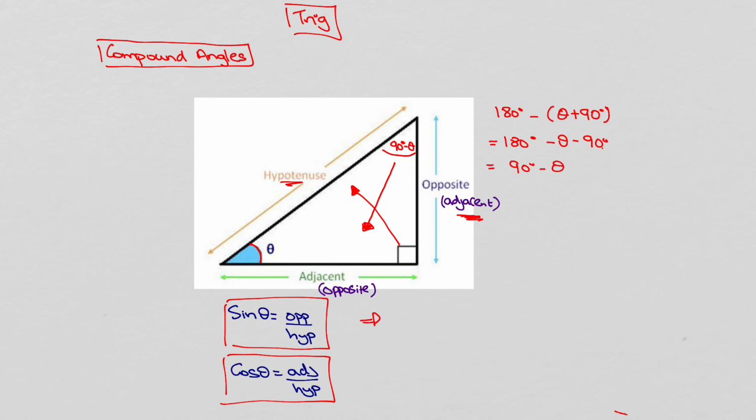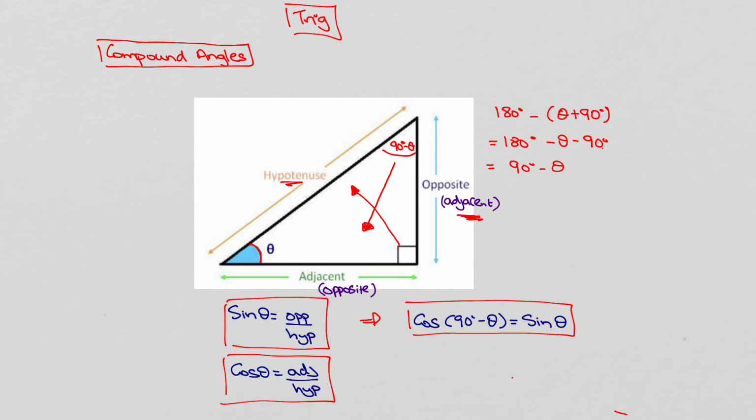So cos of 90 minus theta, which is the adjacent over the hypotenuse, is the same as the opposite over the hypotenuse for theta. In other words, cos 90 minus theta is the same as sine theta.